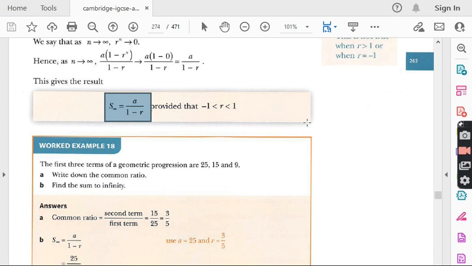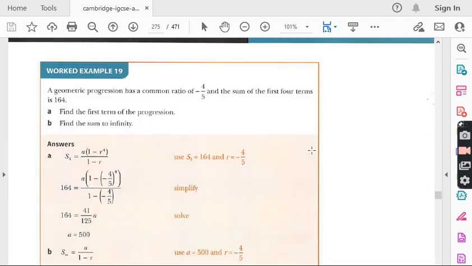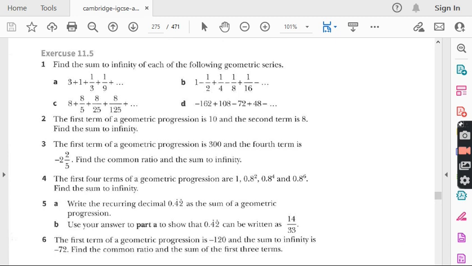This formula tells you if you have the first term and the common ratio, then you can easily add an infinite geometric series. Let's start exercise 11.5 question number 1.